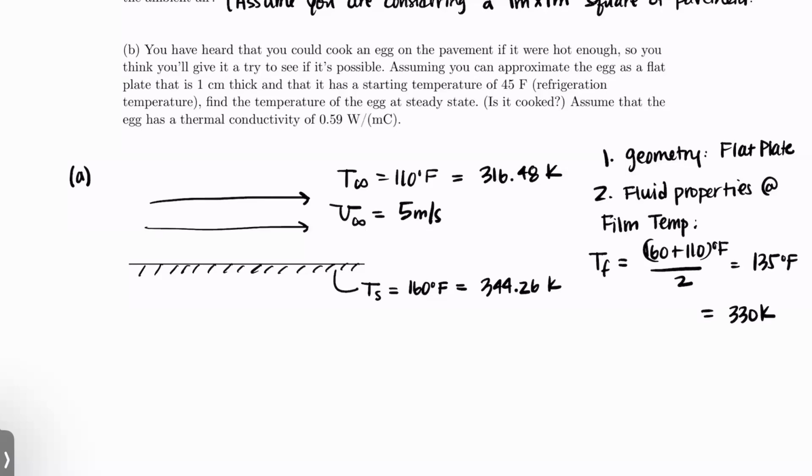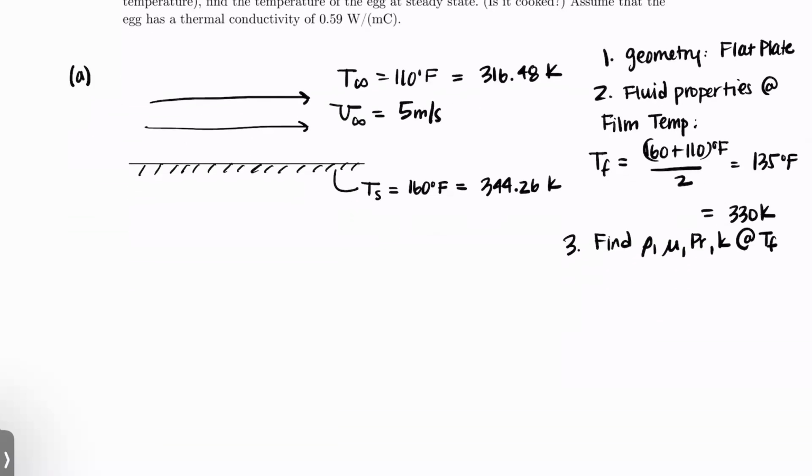All right, third step is find rho, mu, Prandtl number, and k at TF. You would be provided with a lookup table to do this. And when you did that, you would find that rho is equal to 1.086 kilograms per meter cubed.